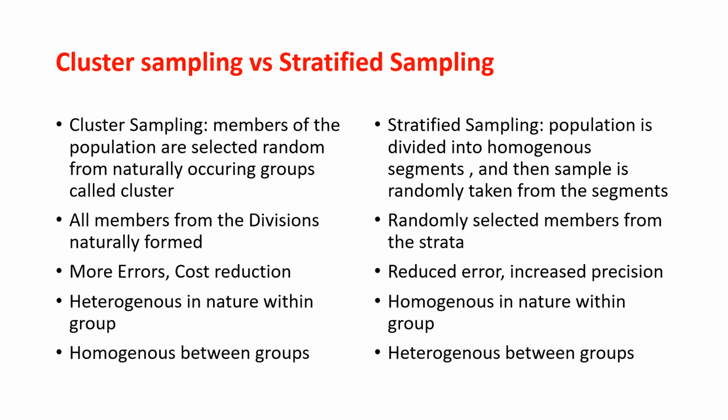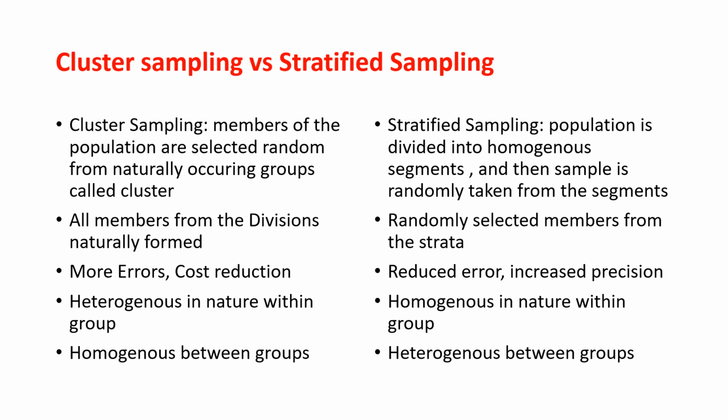So in this context, it would be good to understand the difference between cluster sampling and stratified sampling. Cluster sampling is where the members of the population are selected randomly from naturally occurring groups called clusters. In stratified random sampling, the population is divided into homogeneous segments depending upon the research question, and then the sample is randomly taken from the segments.